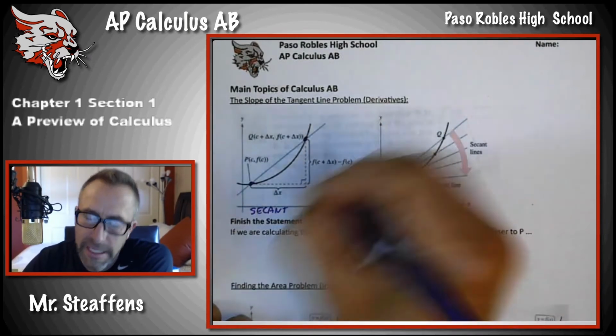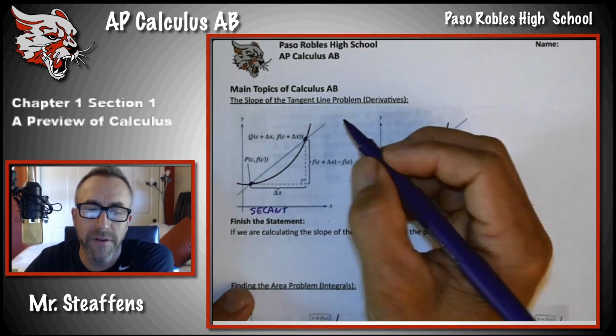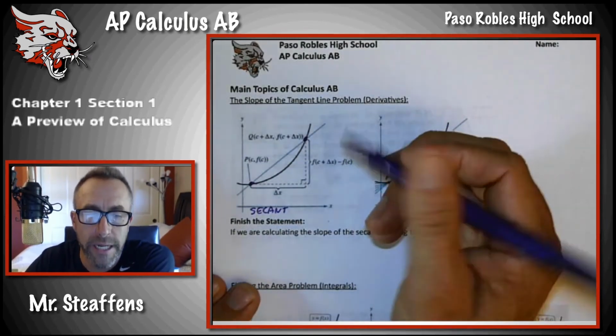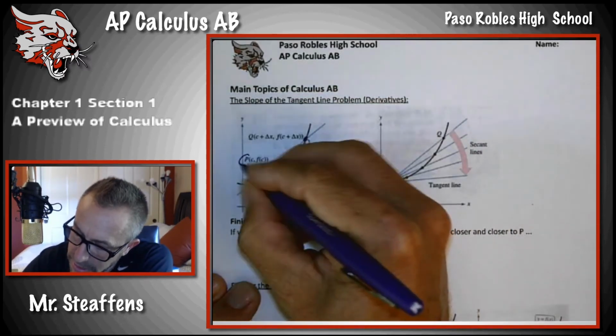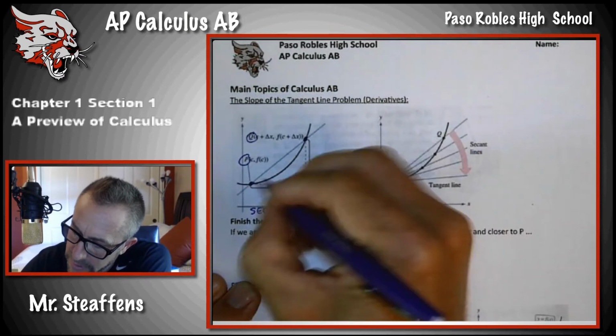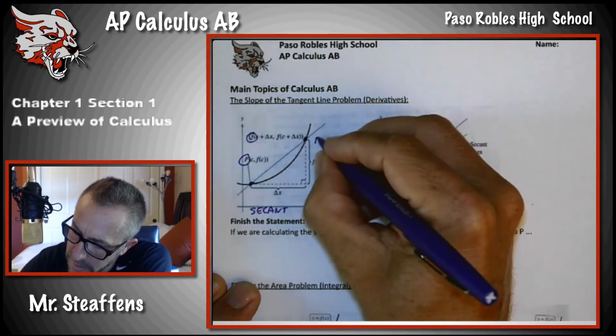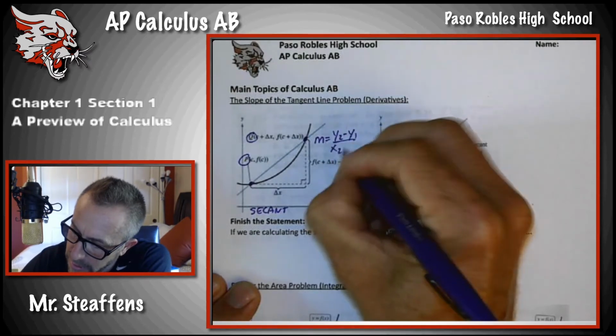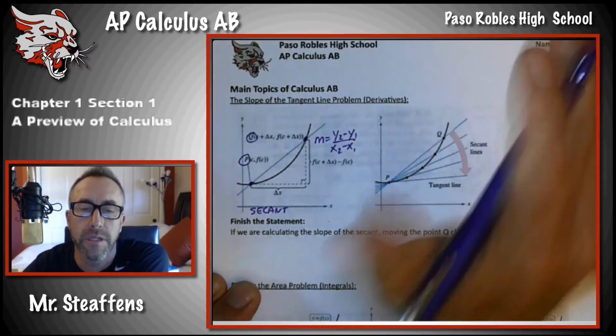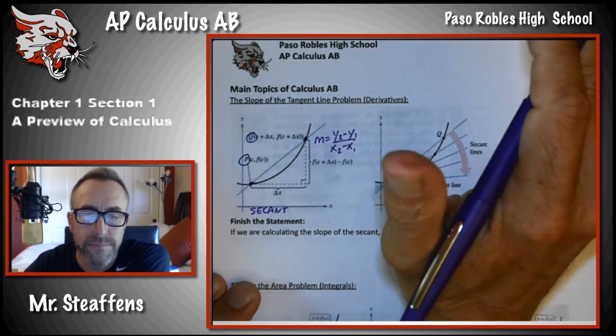Because it has 2 points, I can find the slope: going from P to Q, the slope is y2 minus y1 over x2 minus x1. I should be able to calculate that, right?